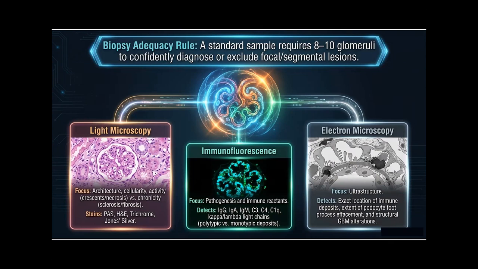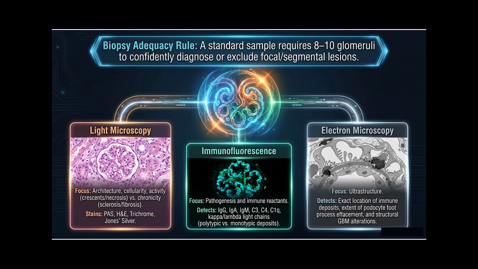Stains used are periodic acid-Schiff stain, hematoxylin and eosin stain, trichrome stain, and Jones silver stain. Whereas when you do immunofluorescence, pathogenesis and immune reactants, IgG, IgA, IgM, C3, C4, C1q, kappa and lambda light chains are all targeted because of the immunofluorescence.